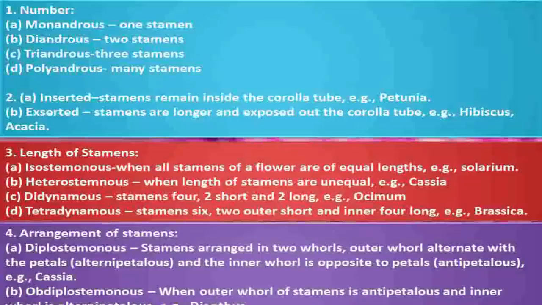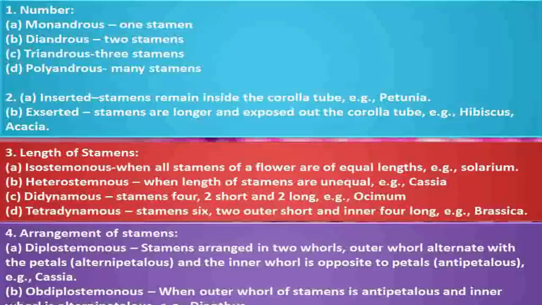Iso means same, and thus all the stamens are of equal length. Hetero means different, and hence the lengths of the stamens are unequal. Now Didynamous means the stamens are four, two short and two long. It is seen in Tulsi, that is Ocimum. Then comes Tetradynamous, in which stamens are 6 in number, 2 outer short and inner 4 long. It is seen in Brassica.